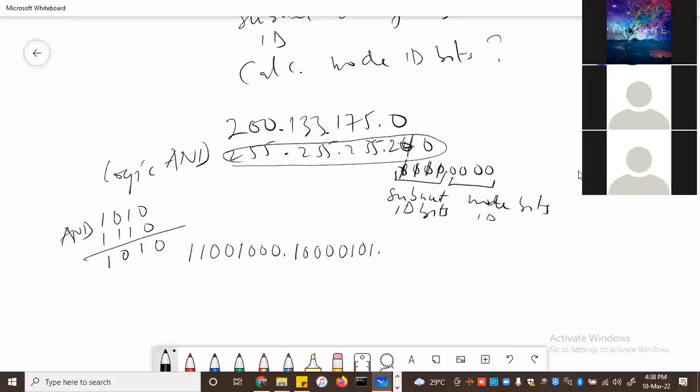Now 175. Obviously, the first bit, 128, will be on. Since 64 is too large, this is going to be a 0 here. So you take 175 minus 128, which gives you 47.